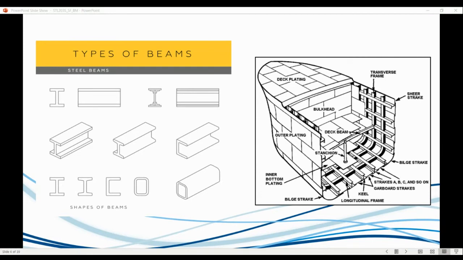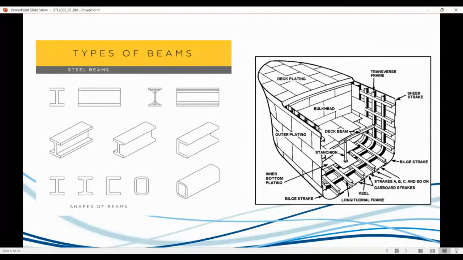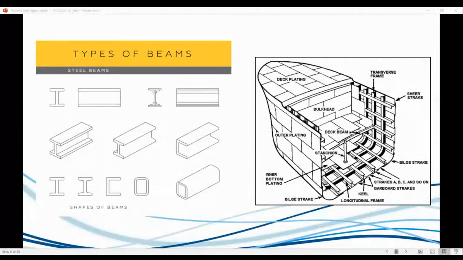Students? Yes, Christina. Okay, so that's what you call a beam, and of course you get different kinds of beams. Yes, sir, of course. I'm just looking, just bear with me.